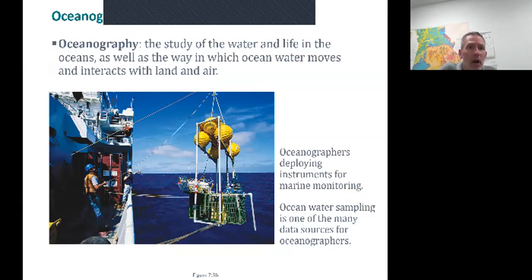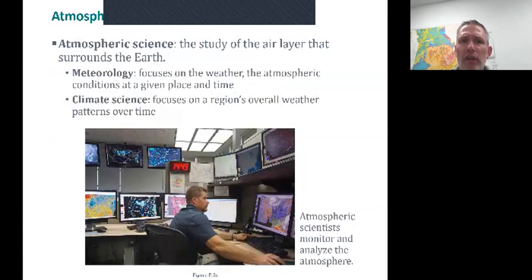Speaking of the atmosphere, the atmospheric sciences are usually broken down into two major categories. The first one is meteorology; the word meteor means sky, and ology means study. So these are the phenomena in the sky that affect us, namely weather, which is atmospheric conditions at a given place and a given time.